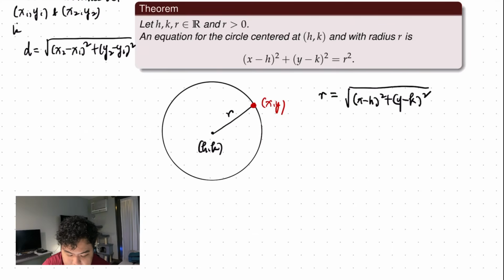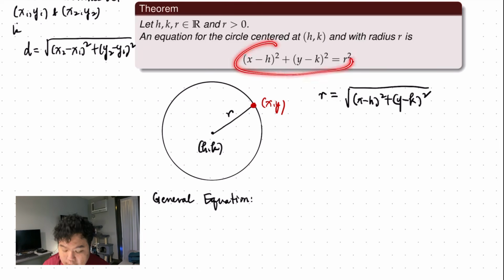And last na, meron naman tayong tinatawag na general equation. When you expand this one, tapos nilagay mo sa left lahat, 0 yung kabilang side, yun yung general form.